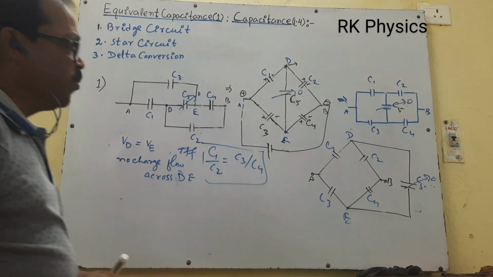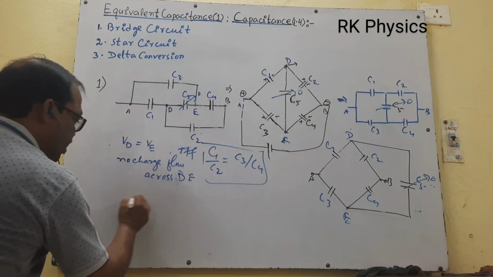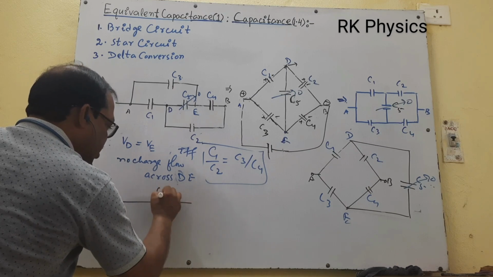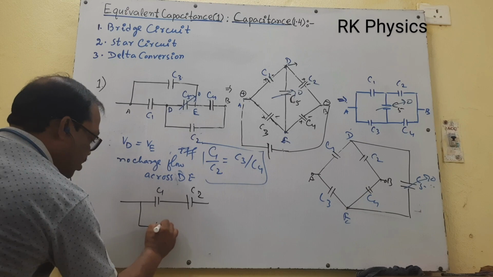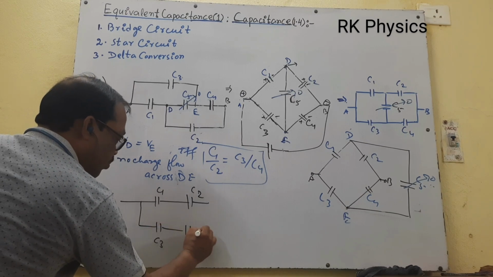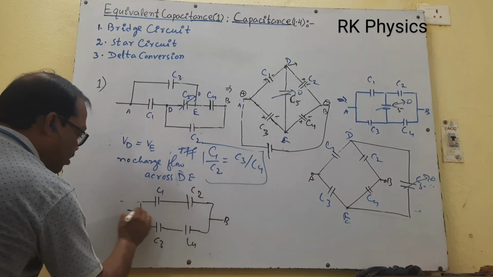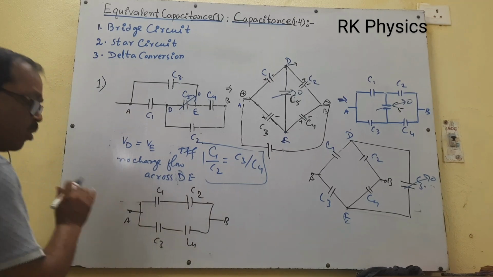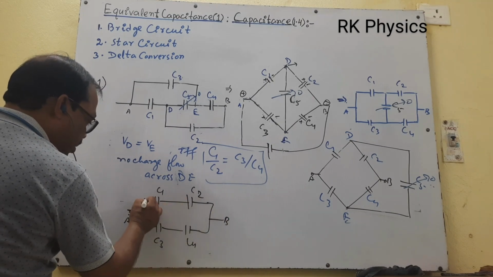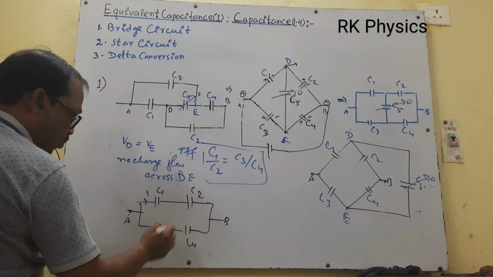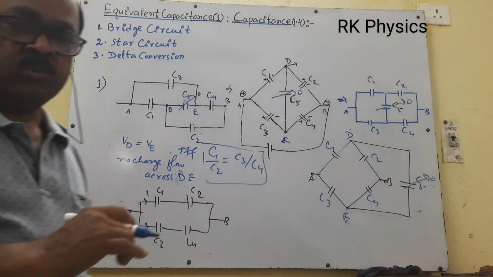If you neglect this capacitance, then the equivalent circuit becomes: this is C1, this is C2, this is C3, then the fourth one is C4, this side is B, and this side is A. From A to B, path 1 you can move, and from A to B you can move through path 2.